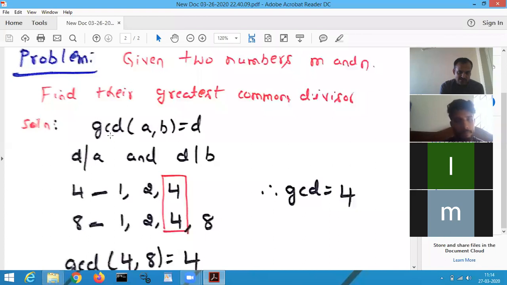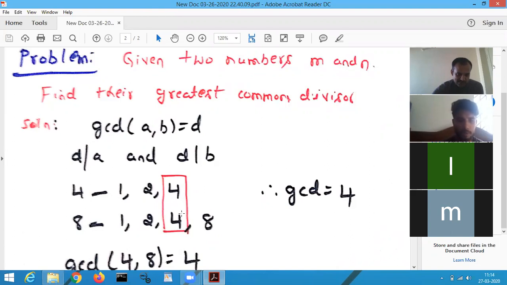Let us take two numbers 4 and 8. Find out the divisors of 4. The divisors of 4 are 1, 2 and 4. And the divisors of 8 are 1, 2, 4, 8.